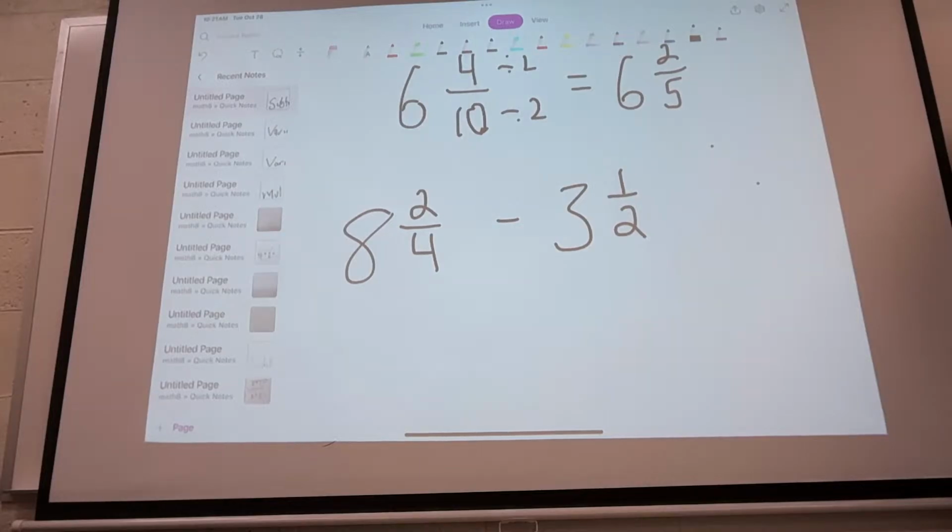2/4. If you wanted to, you could make this 3 and 2/4, right?